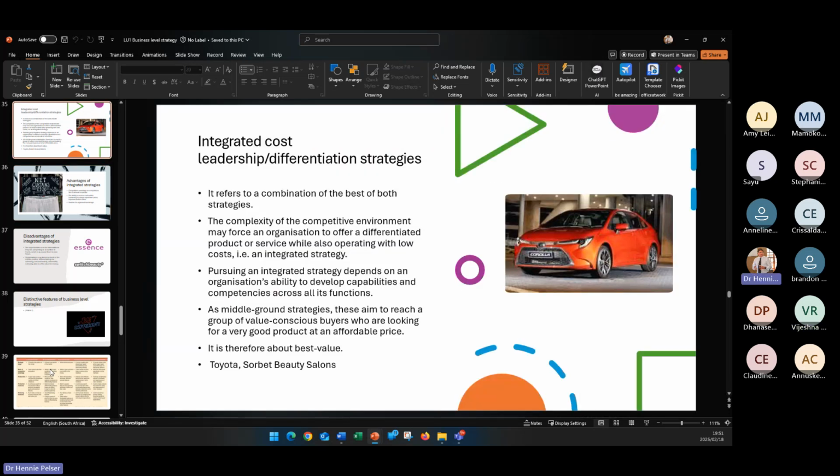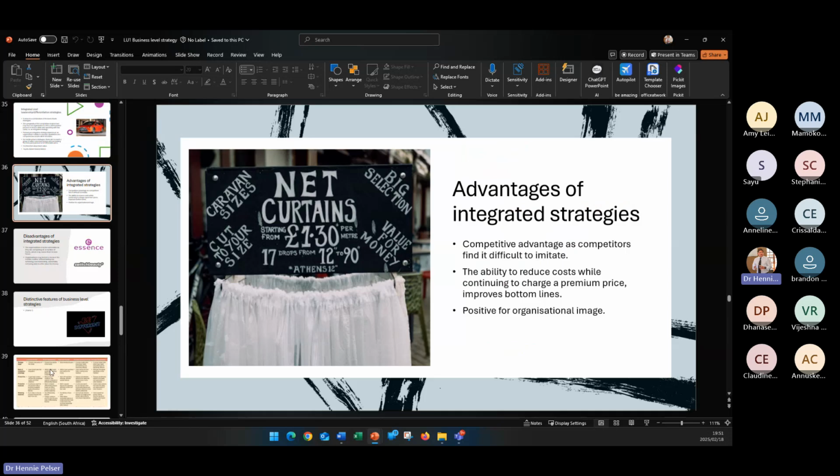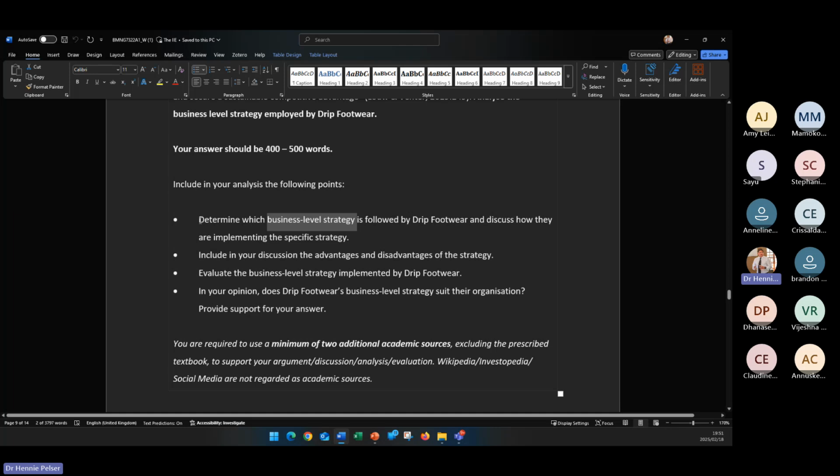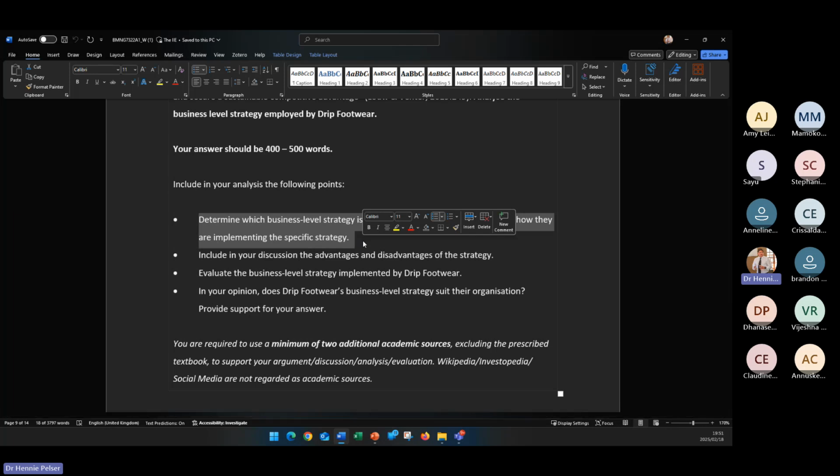So this integrated cost leadership differentiation strategy. If we look at the first question, in terms of discussing drip footwear, in my mind, it is somewhere between differentiation. I think it is quite unique, and I know that there's a drip footwear store at the waterfront in Cape Town.